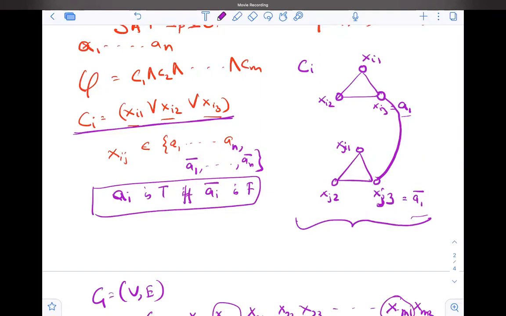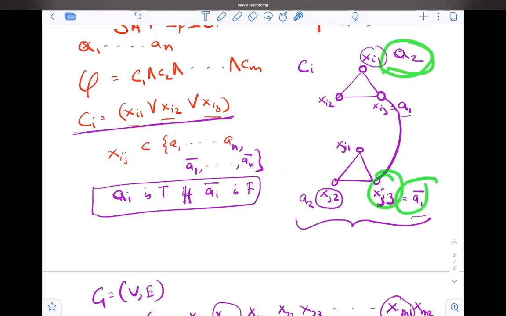So don't take two. Nobody told me to take both. Maybe A2 is correct and A1 is false, meaning I have to take A2 and A1 complement. So this is satisfied, this is satisfied, and I don't need to take this one.